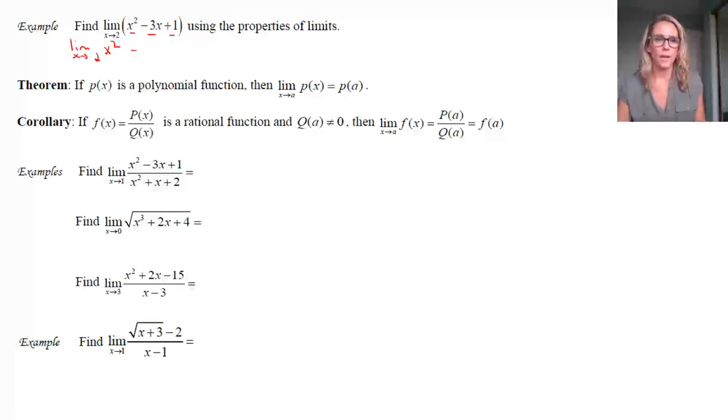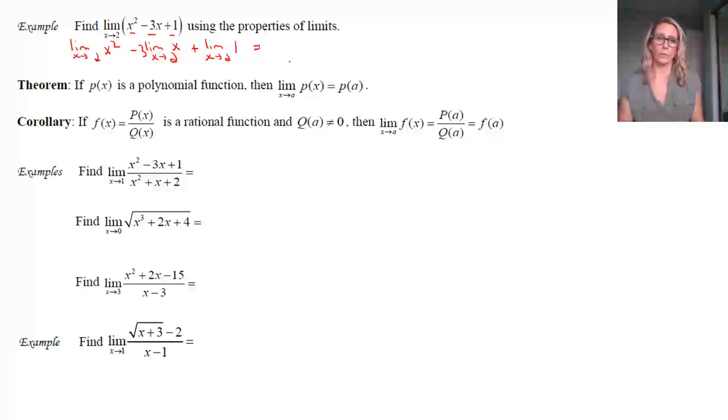But I can put that minus on the outside because that's a constant. I can actually put the 3 on the outside because of what we learned already from the limit laws. I have x there, plus, and then we have the limit as x goes to 2 of 1.